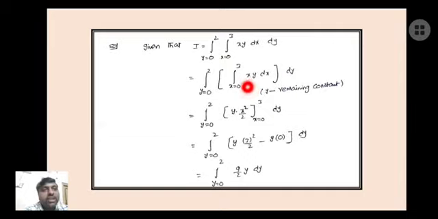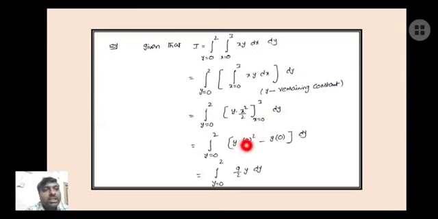So y remains constant, I simply write y, and the integral of x is x square by 2. Now I am writing the limits of x, x equal to 0 to 3.